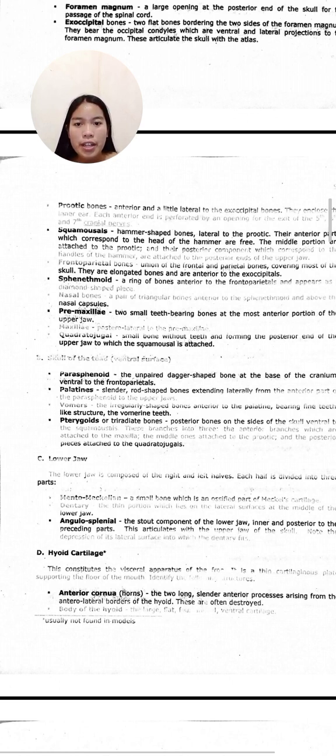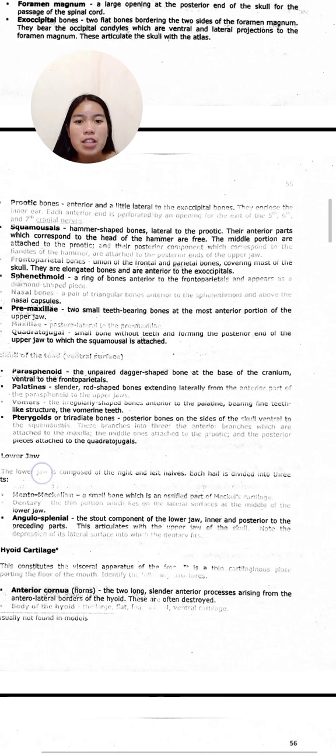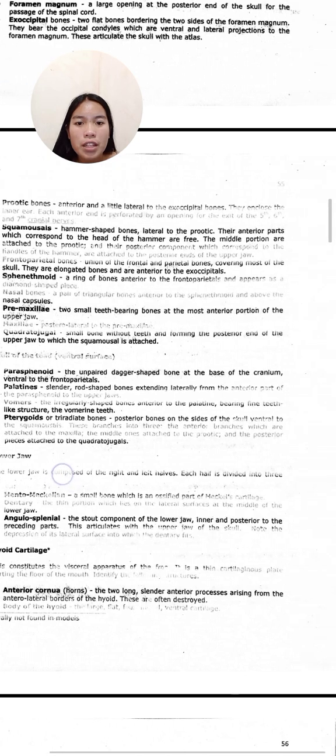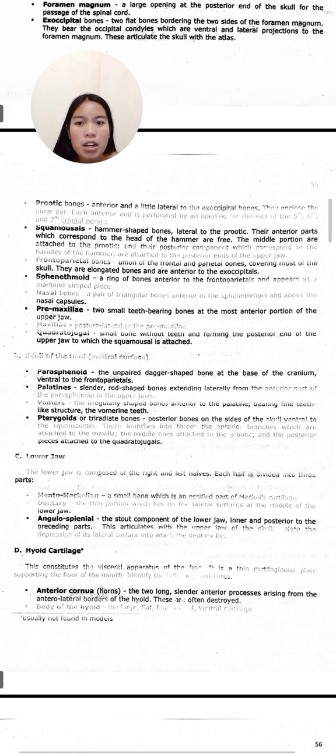Pterygoids, or triradiate bones. Posterior bones on the sides of the skull ventral to the squamosal. It branches into three, the anterior branches being attached to the maxilla.